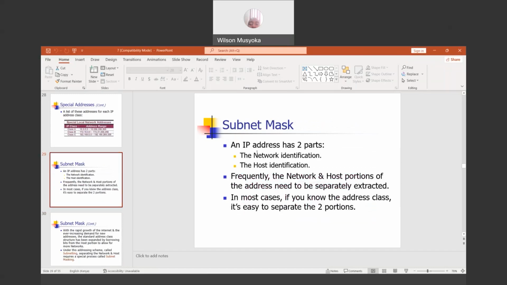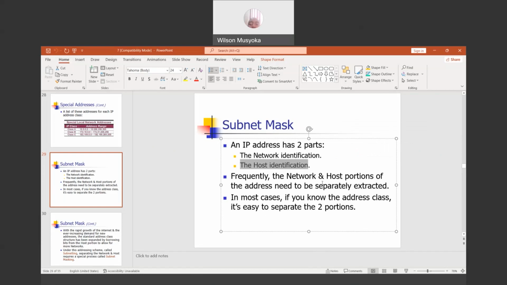Then we come to subnetting. Like we have said, an IP address is going to have two parts: one for the network and the other for host identification. If it is class A, you look at the first octet. If it is class B, you look at the first two octets. And if it is class C, you look at the first three octets to know which network address it is.